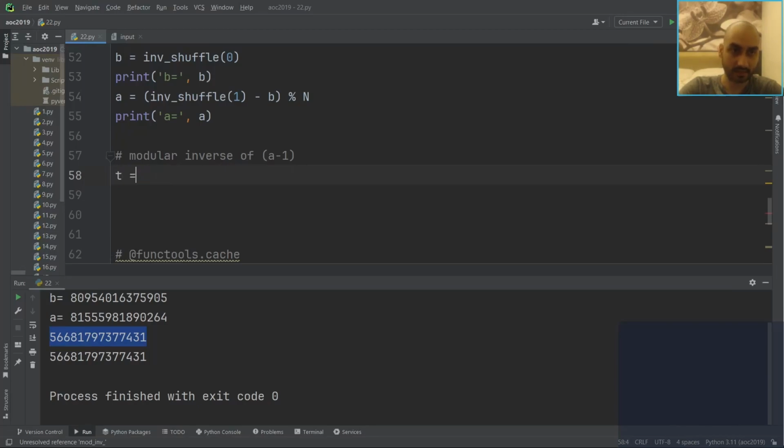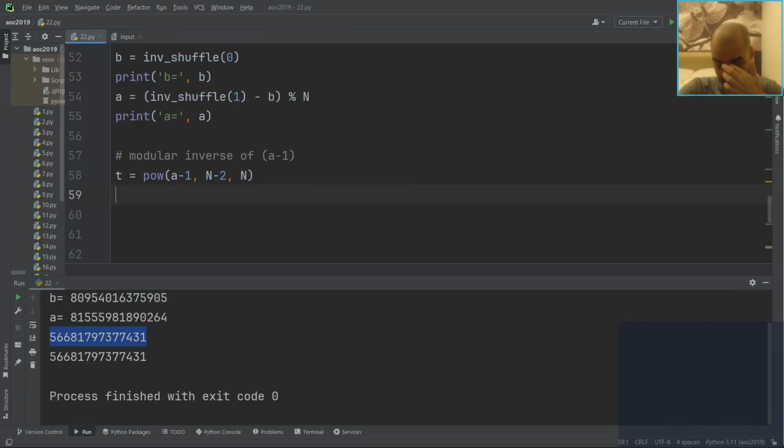Let's call it t. T equals A minus 1 to the n minus 2 mod n. Okay, that gets us that.